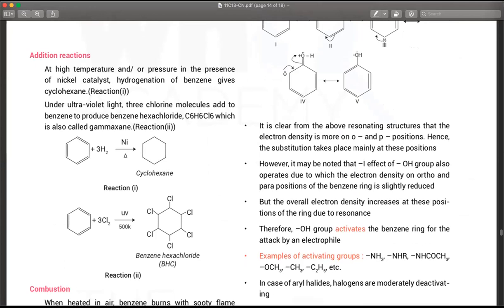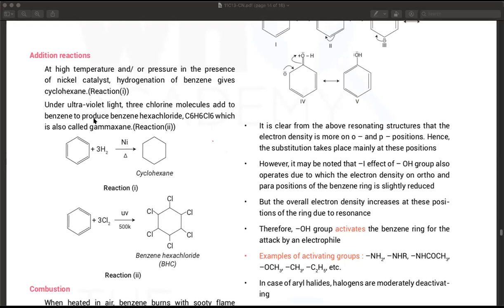But because of the resonance and the chemistry of benzene, the double bonds are extremely stabilized and it's difficult to break them because they're all in one single chain. So the tendency is to follow electrophilic substitution reaction. But there are some addition reactions also that happen with benzene.